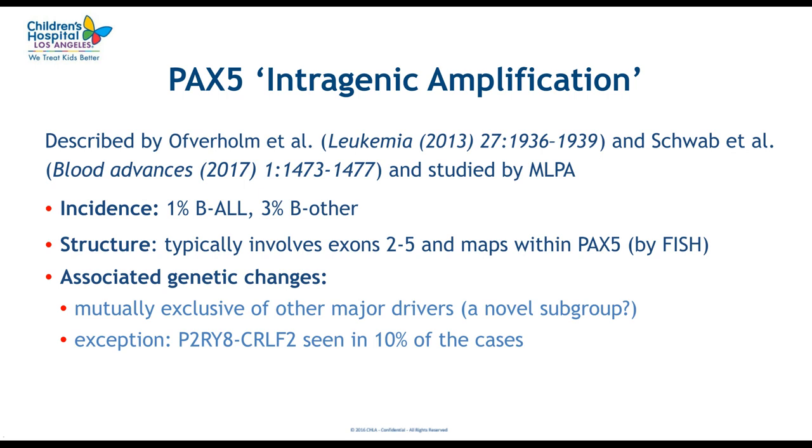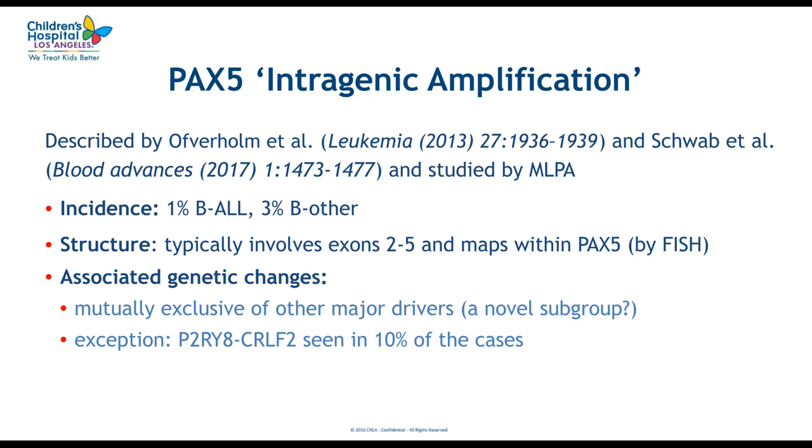And then what was particularly interesting is that this did not occur in any cases that had other major subtype-defining genetic drivers. And so it seemed mutually exclusive with other major drivers, and they made the hypothesis that this abnormality probably defines a new genetic subgroup of BLL. A very interesting exception was the P2RY8::CRLF2 fusion, which was seen in a subset of these cases.